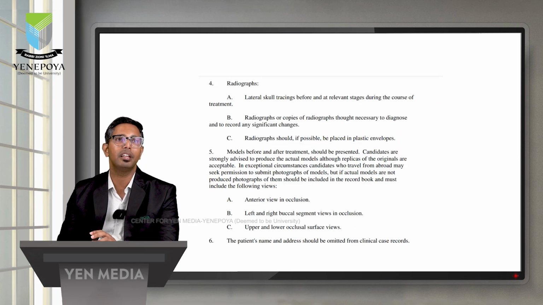Radiographs: usually they believe in the concept of minimal radiation, so make it a point that you have taken minimum radiation according to the guidelines. Lateral skull tracing, which has to be there pre and post or end of the treatment lateral ceph. Copies of radiographs, though necessary to diagnose, radiographs should if possible be placed in a plastic envelope.